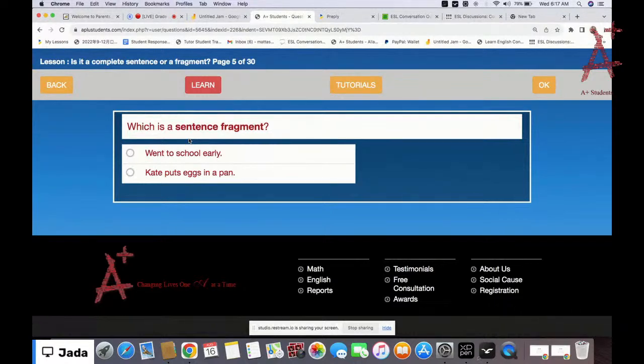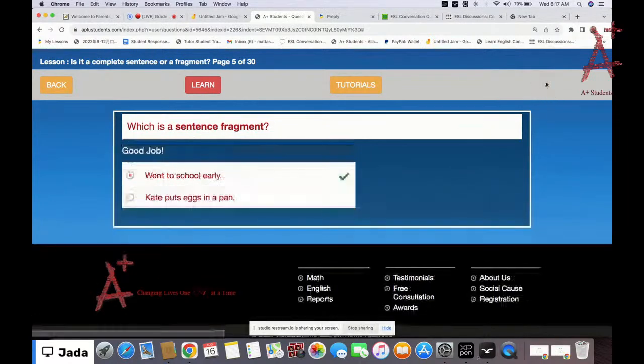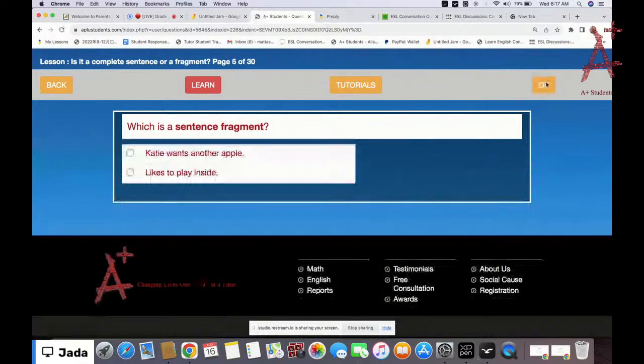And then what's she doing? Putting the eggs. Okay? She's putting the eggs. All right? So the fragment could be went to school early because we have no idea who went to school early.